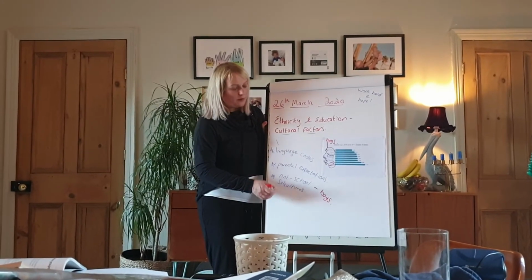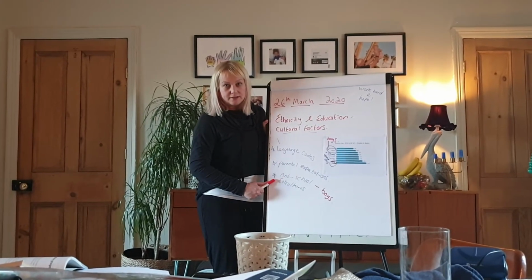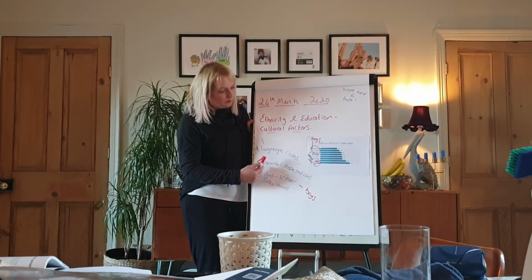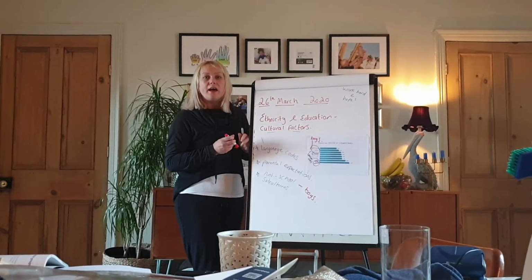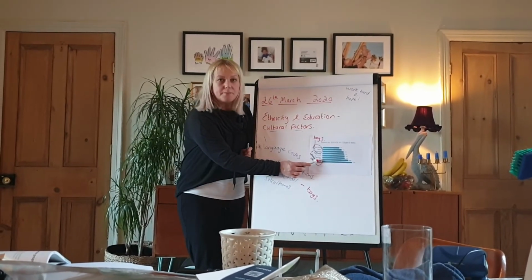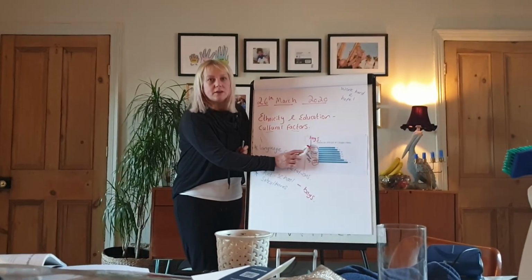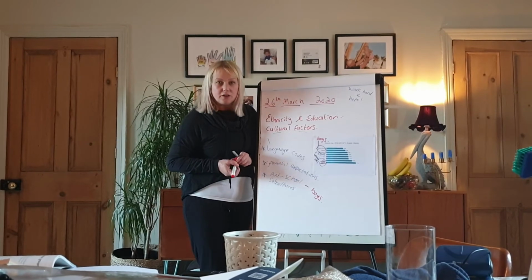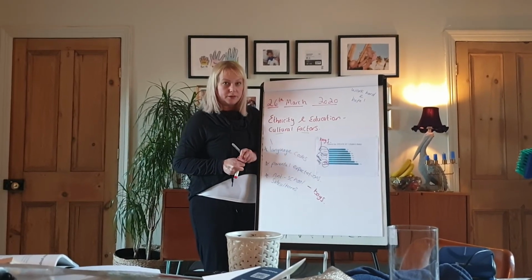So, three cultural factors, put it together with the material factors, and we're starting to build a picture as to why there are major differences between these different ethnic groups and their achievement in the UK educational system.